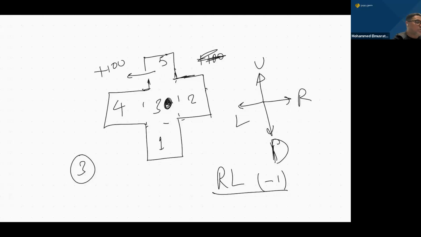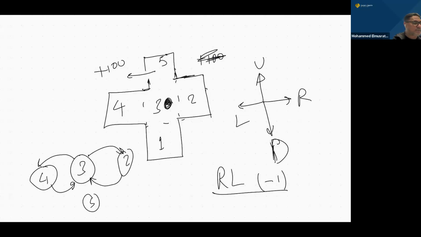From state 3 you can go to state 4. And from state 4 you cannot go anywhere, you can just go back to state 3. From state 3 you can go to state 2, and from state 2 you can also go back to state 3, and from state 3 you can go to state 1 and also back.